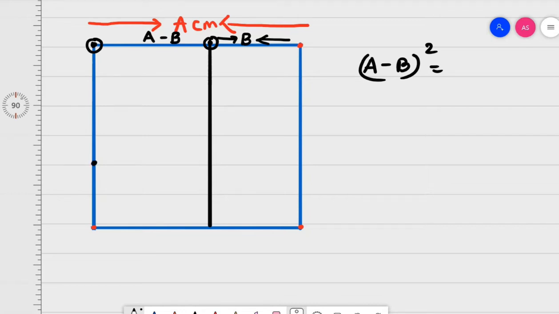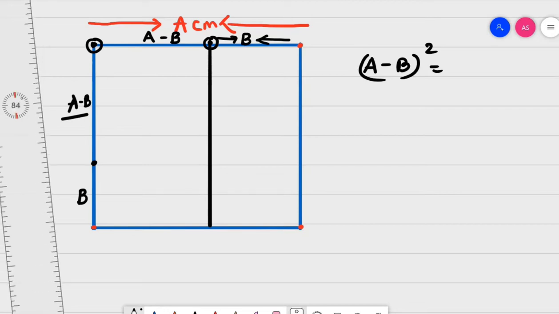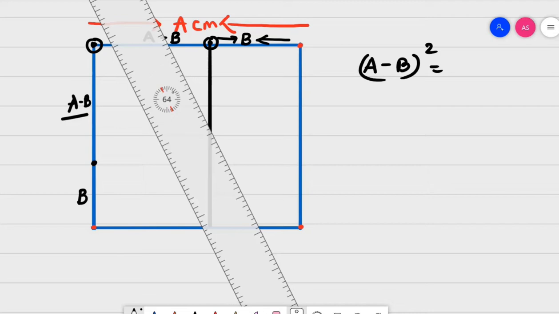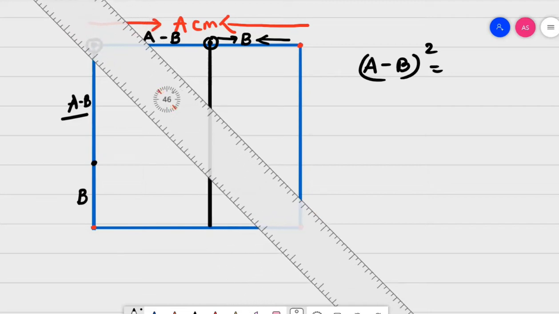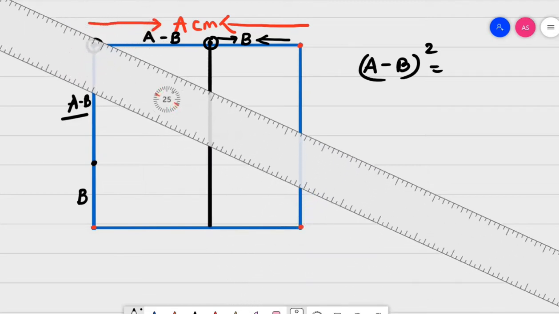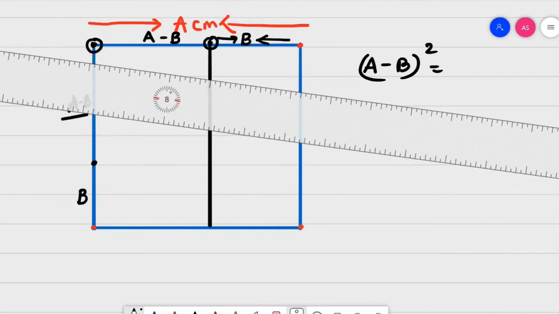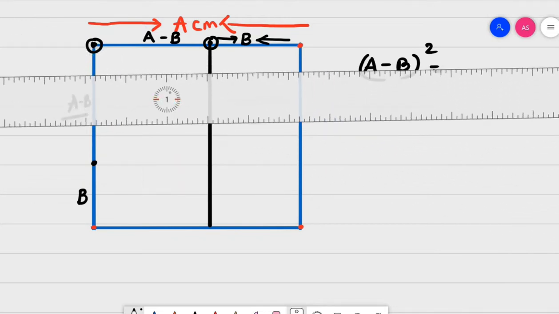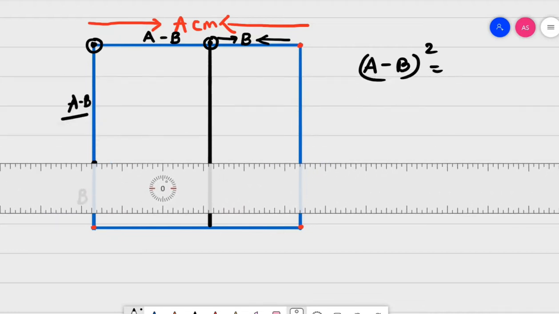Now see, this part is b and this part is your a minus b. Now again draw a line vertically to complete the square of (a minus b) whole square, isn't it? Let us complete the square (a minus b) whole square by drawing a line vertically also.